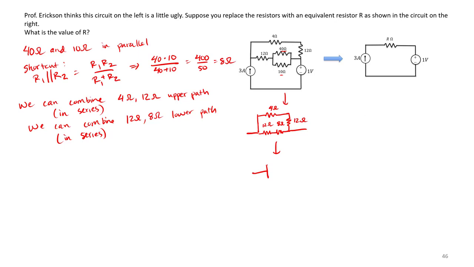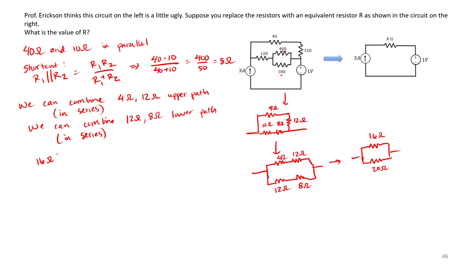So if we do that, again, we have a 4 ohm, 12 ohm, 12 ohm, 8 ohm. This will become 16 ohm in parallel with a 20 ohm resistor.